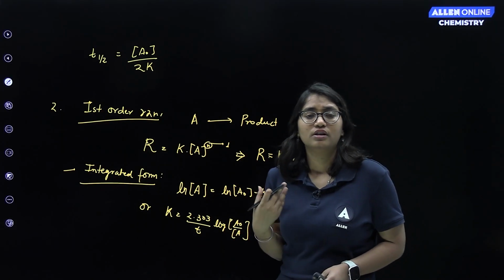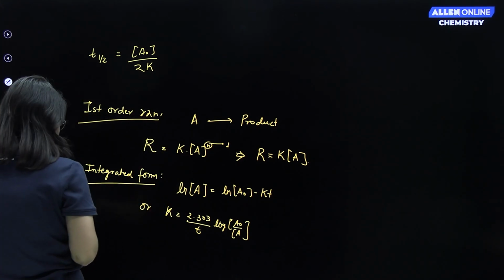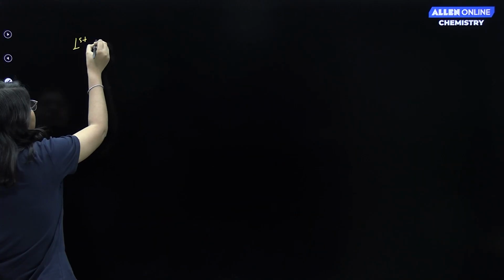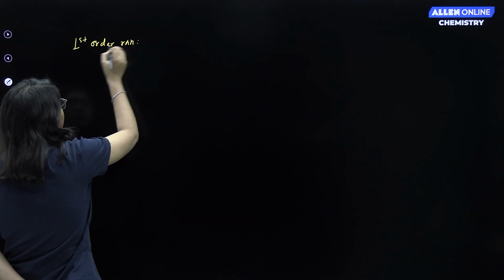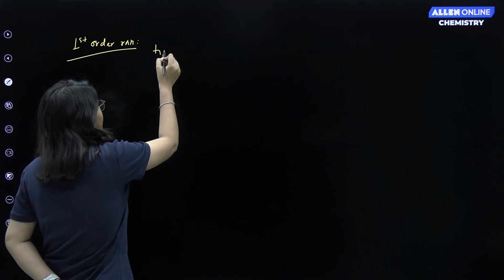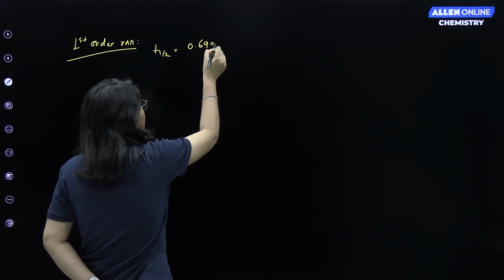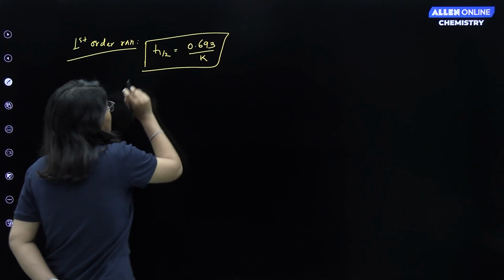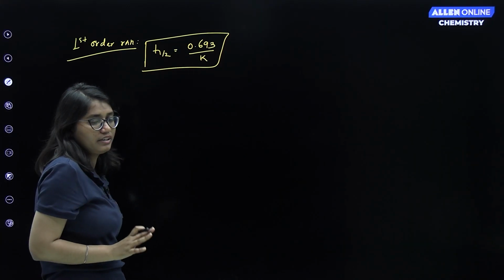Now if we talk about half-life in first order reaction, half-life for first order reaction is basically 0.693 by K. Now observe clearly, half-life doesn't depend on initial concentration.